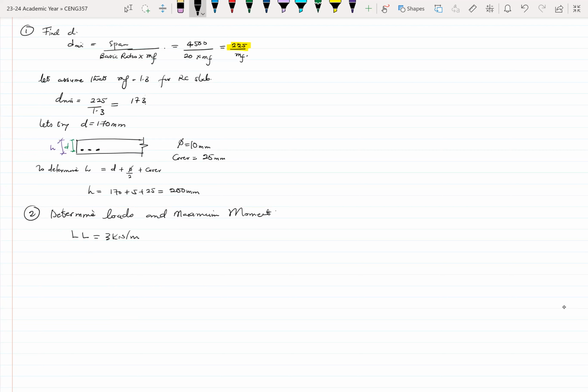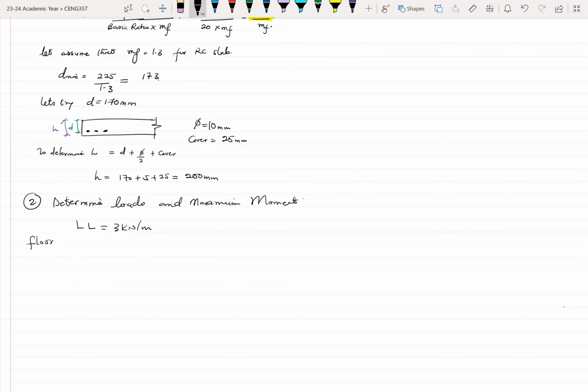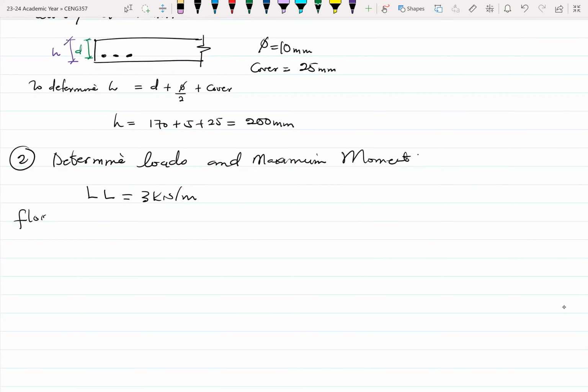We are saying that the floor finishes and ceiling load is equal to 1 kilonewton. This is per meter squared, sorry.